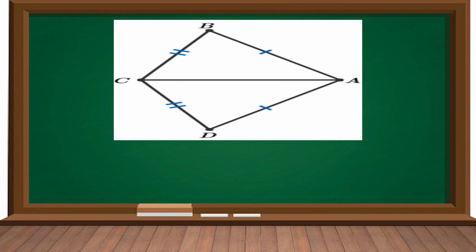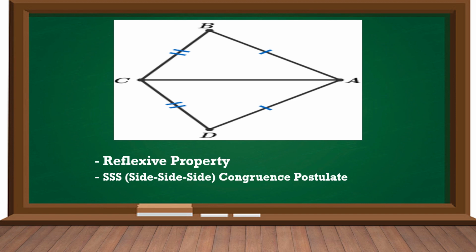This is now the second figure of our first activity. The figure is similar to a kite formed by two adjacent triangles. Observe that side CA is common to both triangles. By the reflexive property, the side is equal by itself. And we also have side CB congruent to side CD, and side AB congruent to side AD.